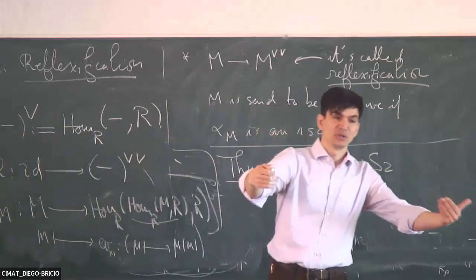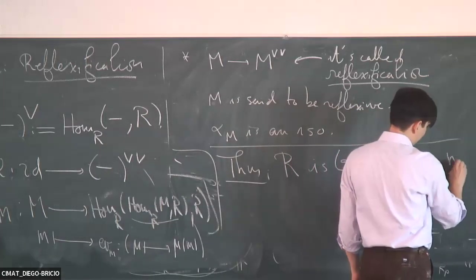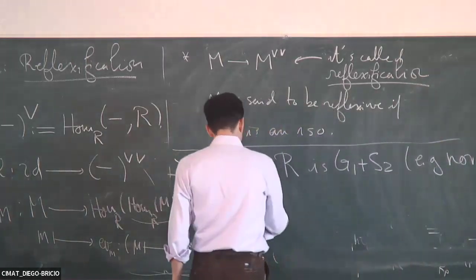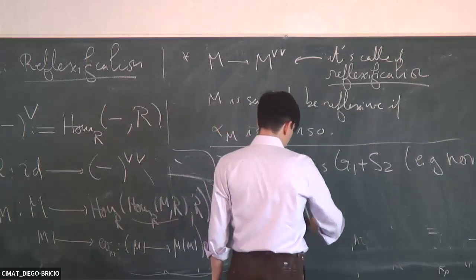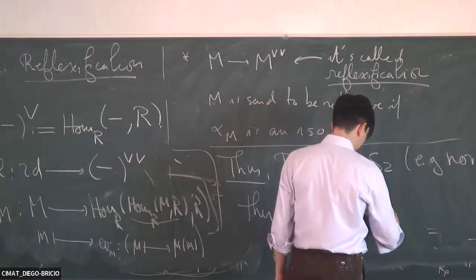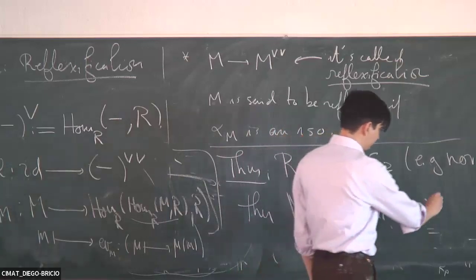In particular, normal. Then M is reflexive if and only if M is S2.